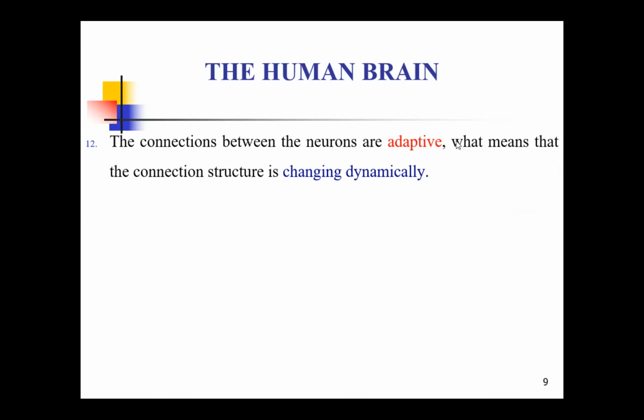We cannot predict what type of structure it is going to have. It depends upon the complexity of the process or procedure. So these neurons are adaptive. That's the main advantage or main feature of these brain networks. It is adaptive in nature.